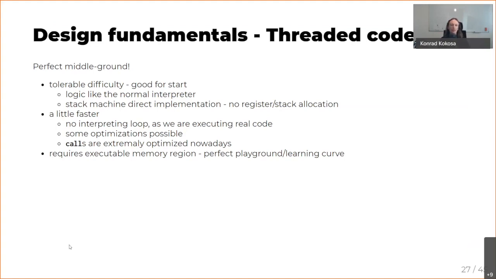So the logic looks almost like a normal interpreter, but in the end it is emitting native code. Okay, it will consist of a lot of calls, but calls are extremely optimized nowadays, so it is not so super slow as we may expect. And moreover, it still requires the executable memory region, so it behaves like a normal JIT. It has the same limitations, so it is a perfect ground for learning also.